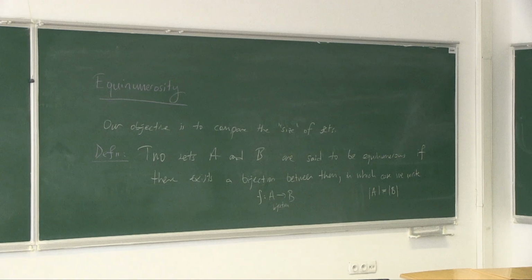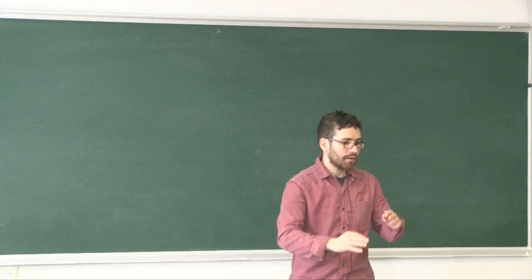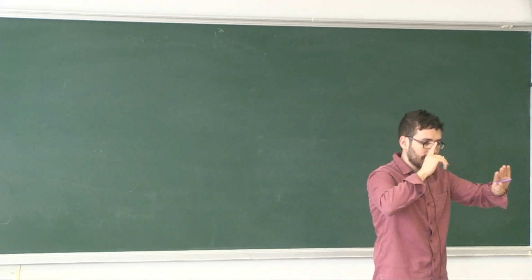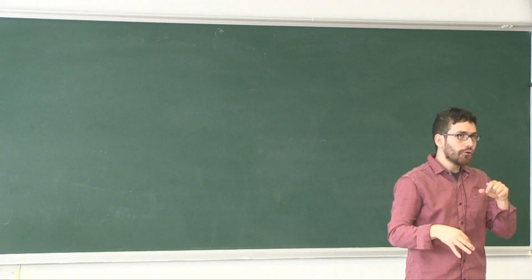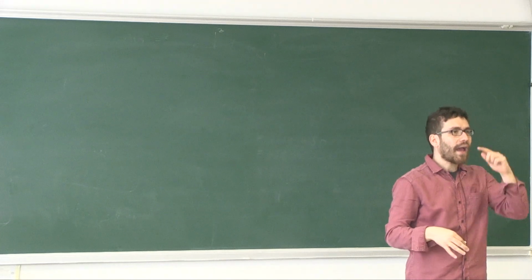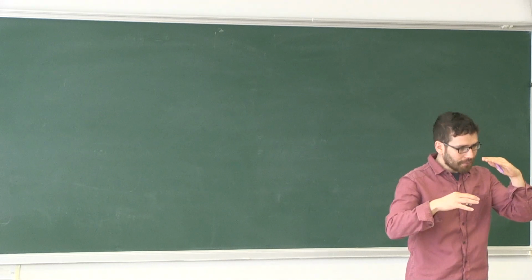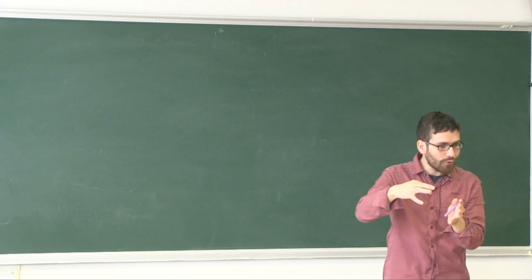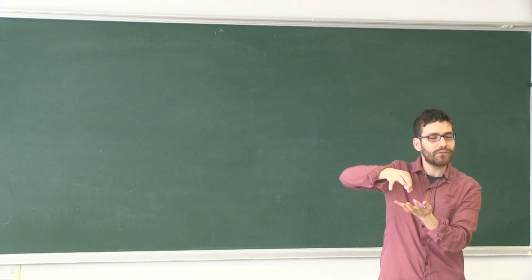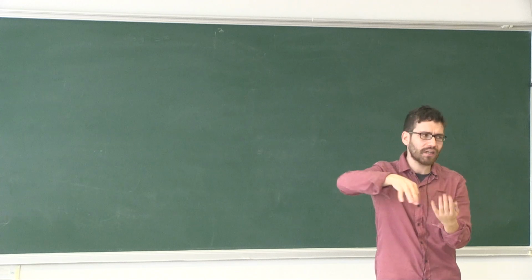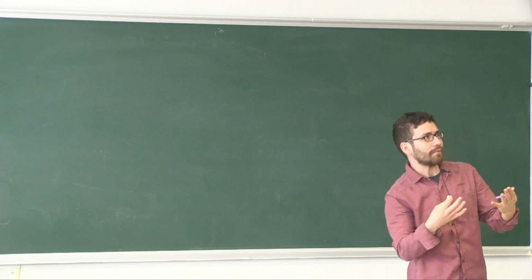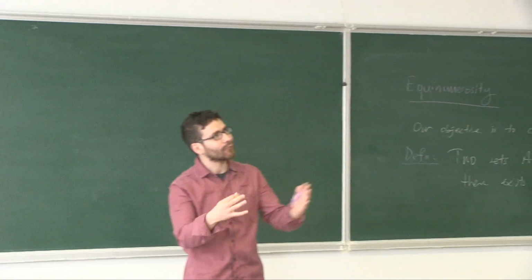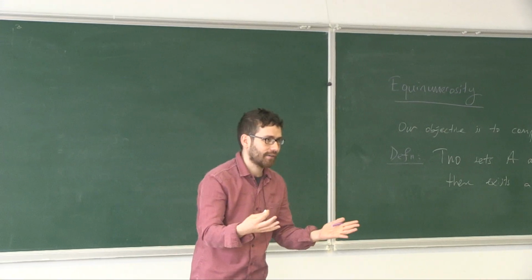If you try to define finite in English, forget about mathematics, try to define finite in English or in Turkish, in natural language, you will realize that you will have to use another concept which already somehow includes the notion of finite. You're going to come up with circular definitions. There is no way to define finite without mentioning finite.